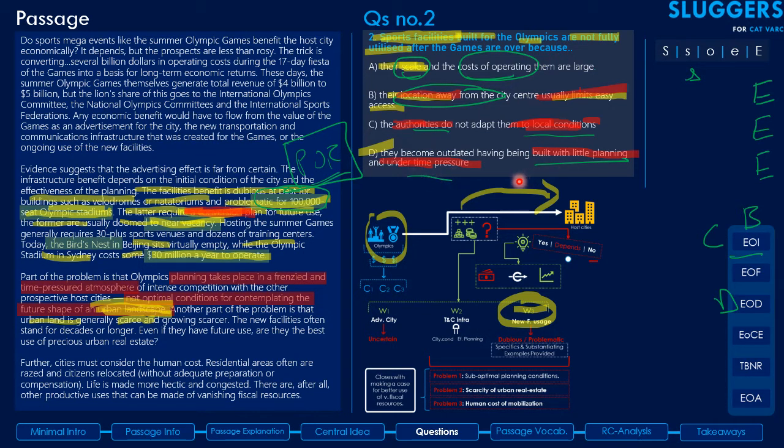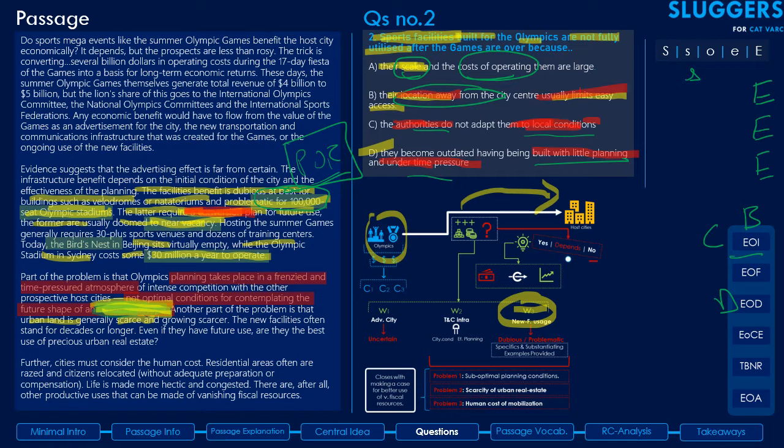But guys, please understand, the passage specifically refers to building infrastructure as it relates to the urban landscape, and not to the sports facilities that the question talks about.